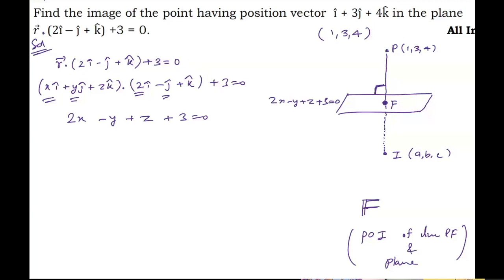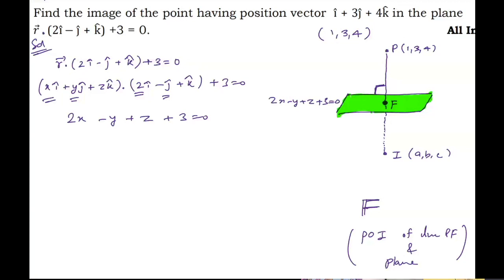Am I right or wrong? I'm saying point F is nothing but the point of intersection of line PF, that is the same line, and the plane. Are you clear with this? Yes. So point F is nothing but the point of intersection of the line and the plane.